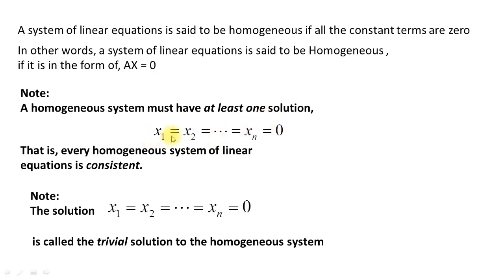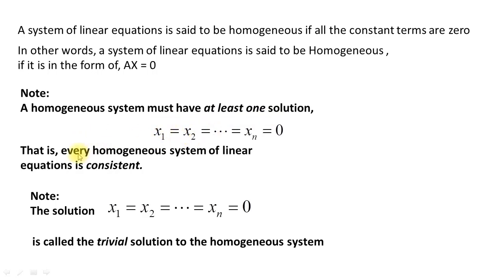If we put x1 equal to 0, x2 equal to 0, x3 equal to 0, and so on, if we put all the unknowns equal to 0, the system will be satisfied. So a homogeneous system must have at least one solution, and we try to check whether the system has other additional solutions.